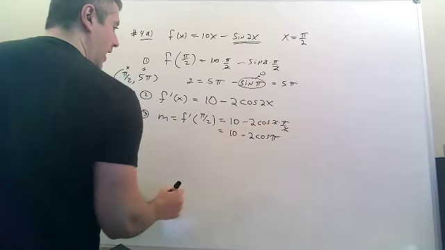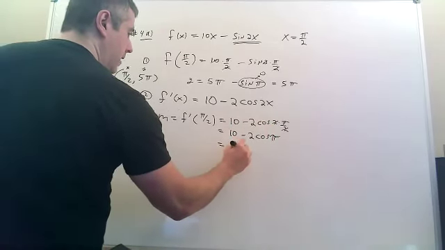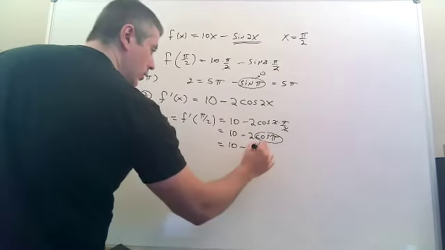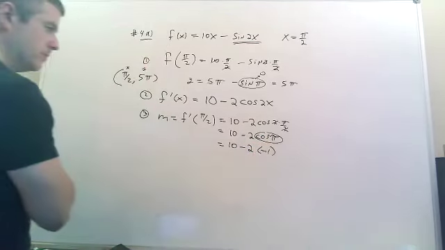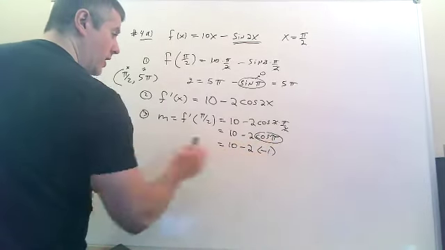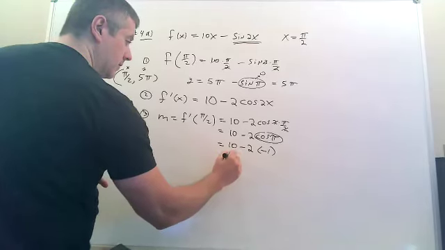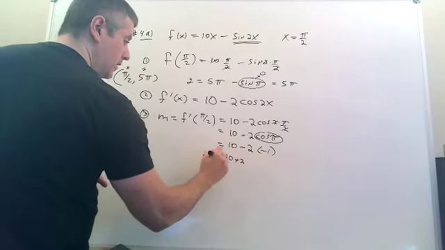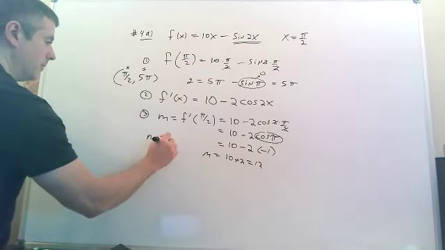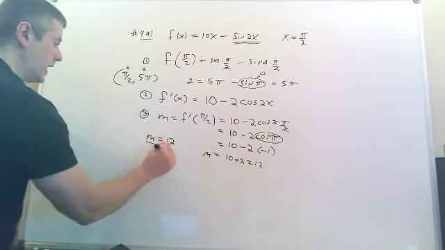This is by design. So you get 10 minus 2 times the cosine of pi, which is equal to -1. This is just a number. The angle is 180, so you get -1. These two negatives make a plus. That means that my m is 12. So I know my m, I know my x, I know my y.